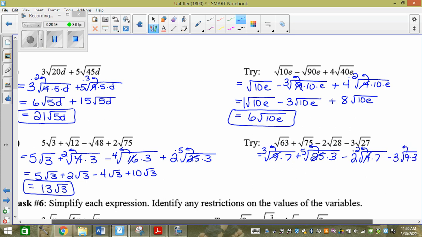The 9 comes out and it's a 3, multiply. So I'm going to get 3 root 7 plus 5 root 3 minus 4 root 7 minus 9 root 3. Can I put them all together? No, but I can collect some of them, right? So I'm going to get 3 root 7 minus 4 root 7 is negative 1 root 7. And then 5 root 3 minus 9 root 3 is negative 4 root 3.